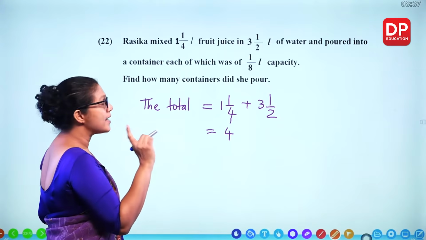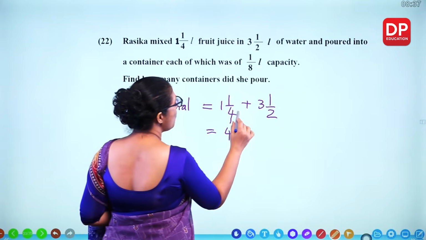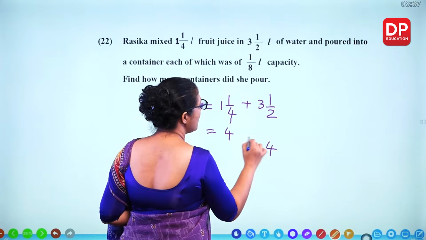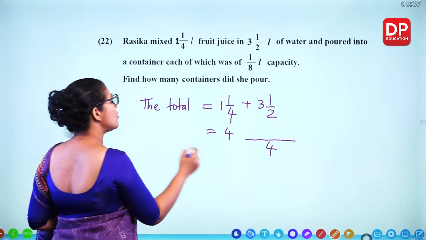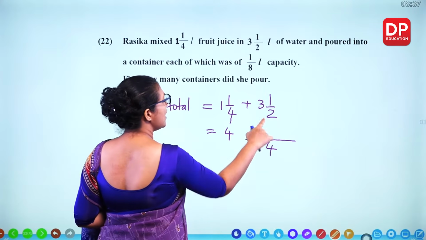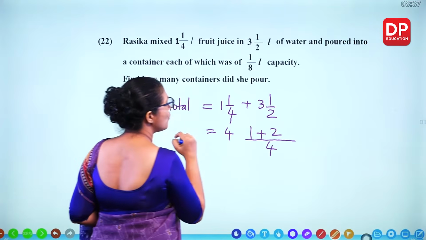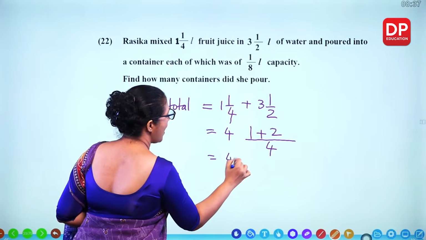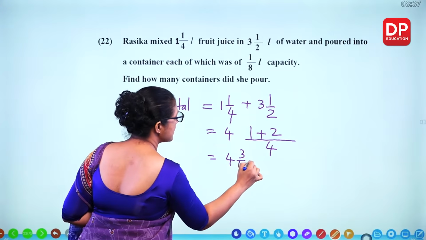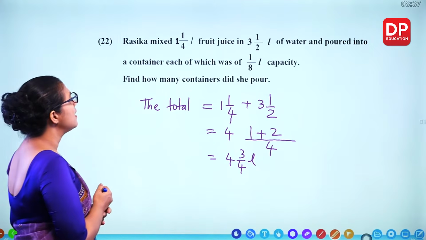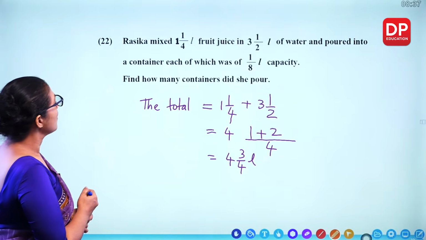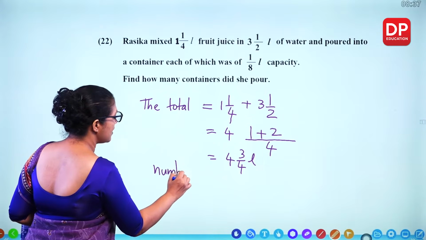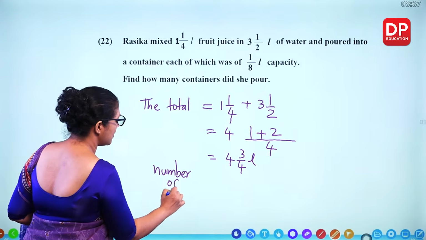Whole numbers you add separately and then 1/4 and a half. When you convert to the common denominator, you get 1/4 and here 2/4. So what's the answer? 4 and 3/4 liters. That's the total volume. Now the number of containers you can find.